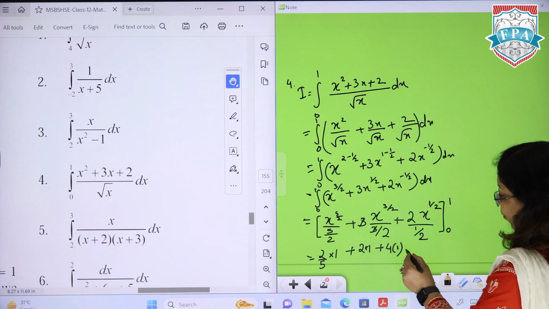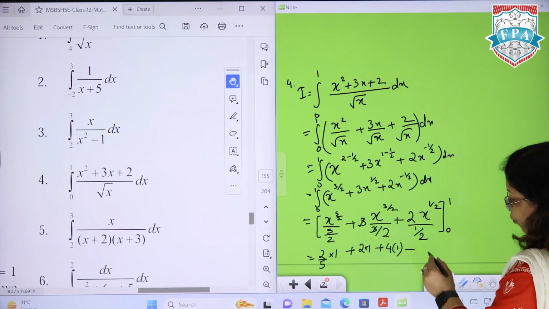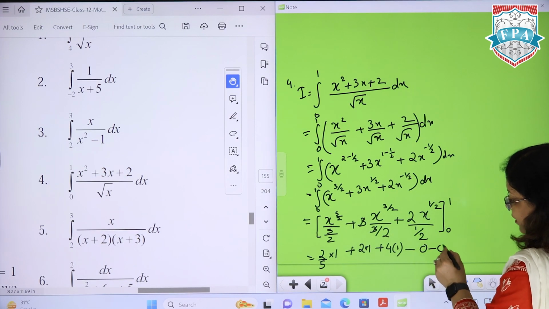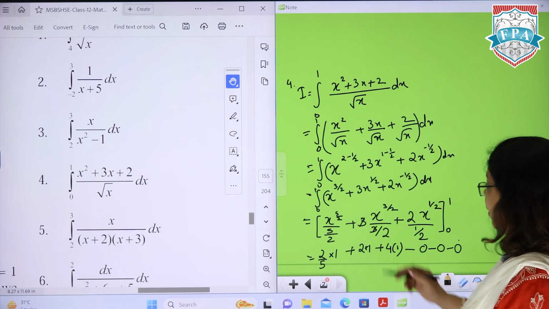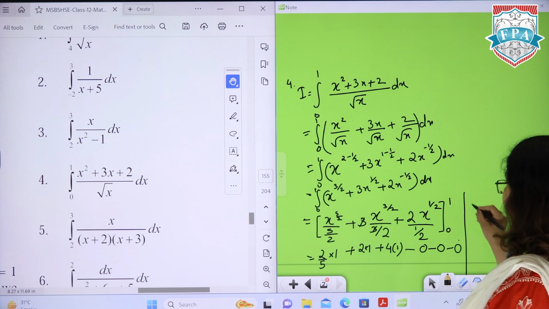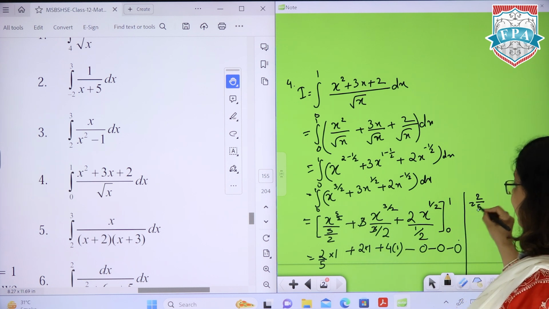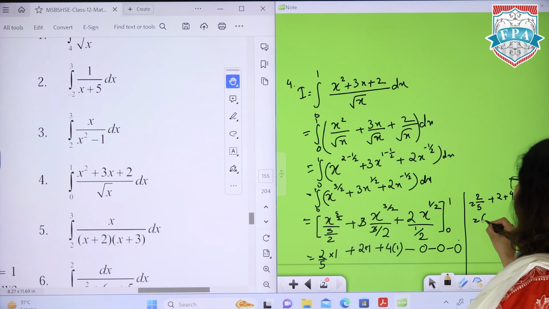Then we'll go with the 0 value. Since x becomes 0 in all the cases, these three terms are going to be 0. And your final answer will be actually 2 by 5 plus 2 plus 4, which is 6 2 by 5.